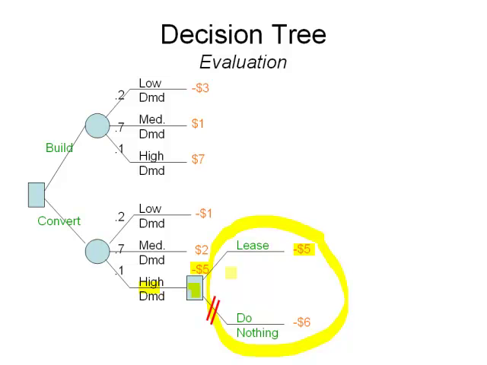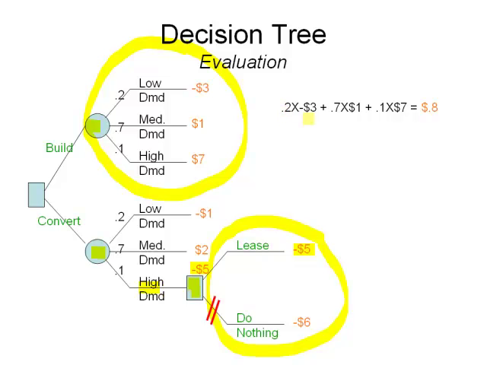Now we move left to the next set of nodes, and these are the two chance nodes to the left of the decision node. Let's start by evaluating the top chance node. Recall that when we're evaluating a chance node, we want to determine the expected value, which is the sum of the probabilities times the payoffs.